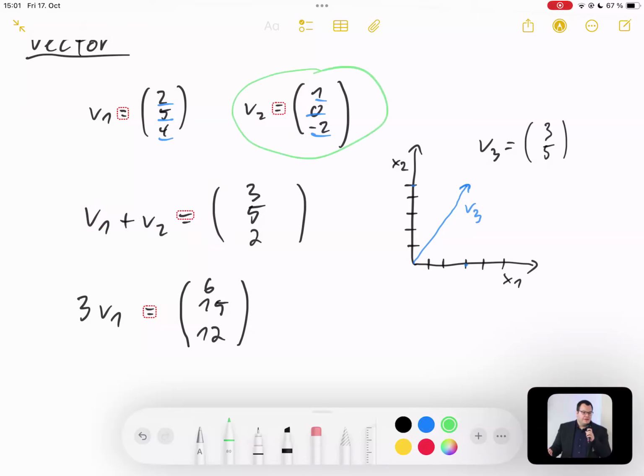Maybe we'll just do this very briefly for revision. Tell us what's the length of vector 2. So we have vector 2 over here, and we'll compare your results.